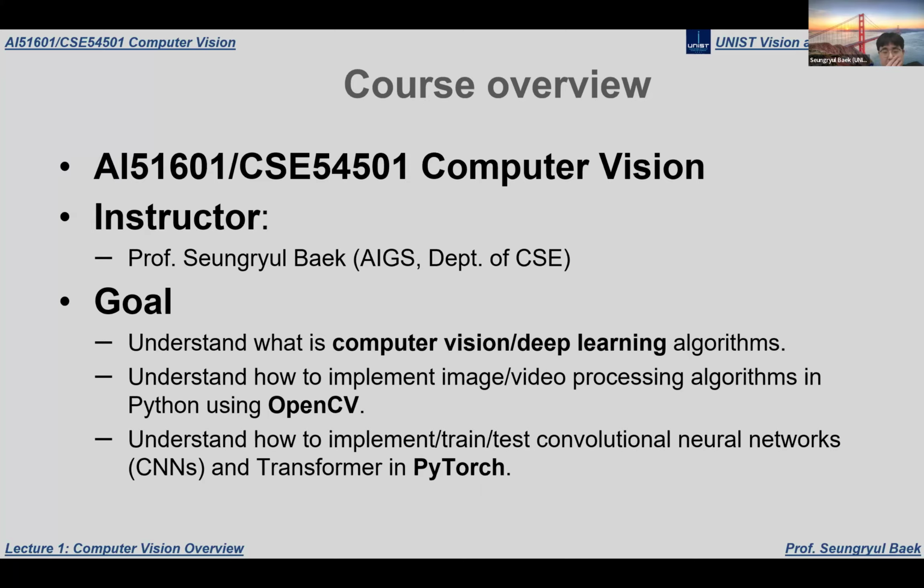Actually, OpenCV is the open library for implementing the image and video processing algorithms. So their interface is actually very easy. So you will become to know about that. And also PyTorch, this is the library that can help you to implement the deep learning algorithms easily in the Python. Okay. So we will learn about that.